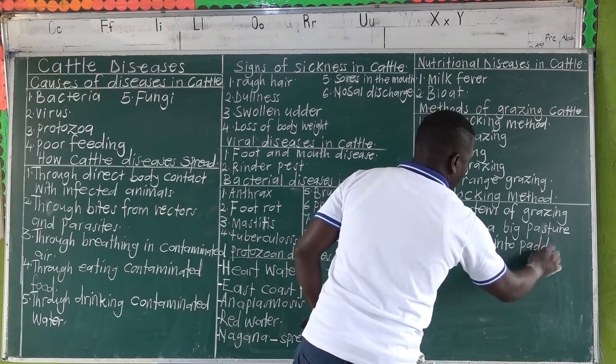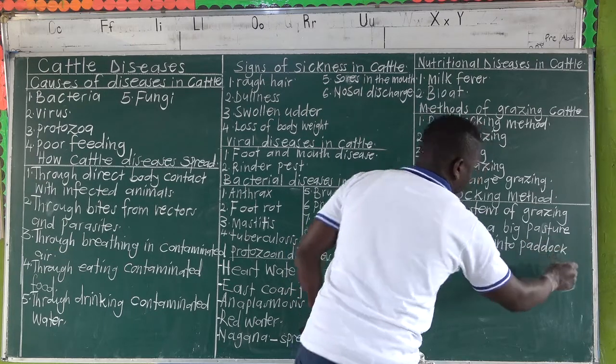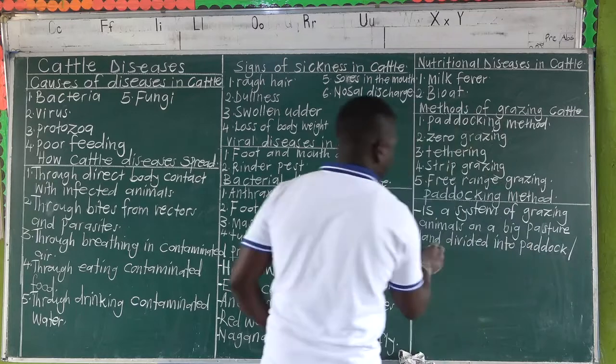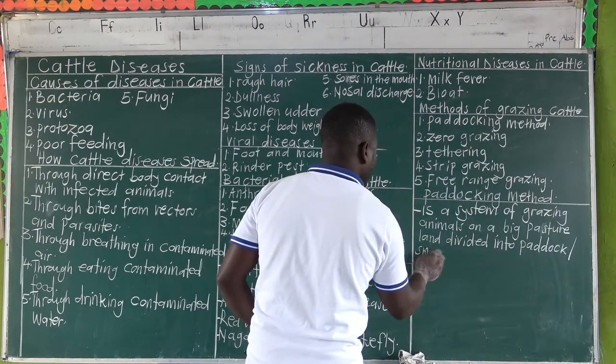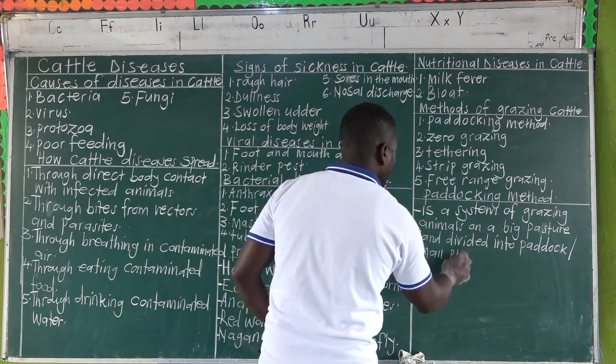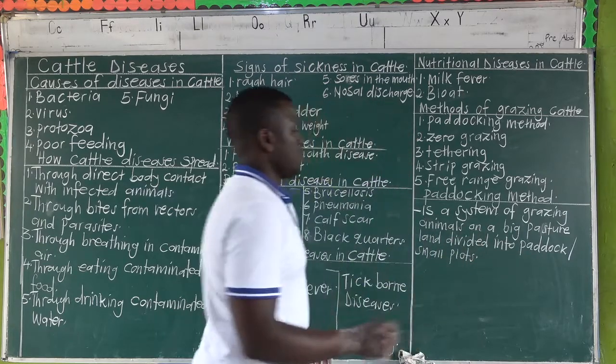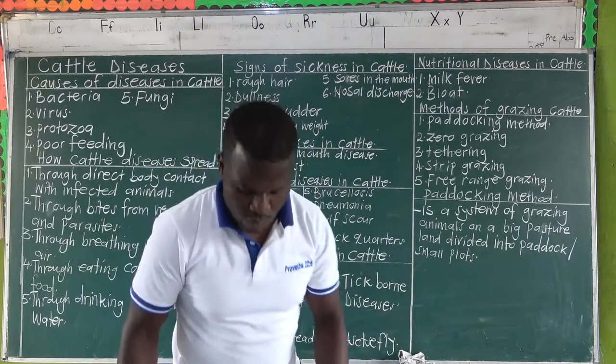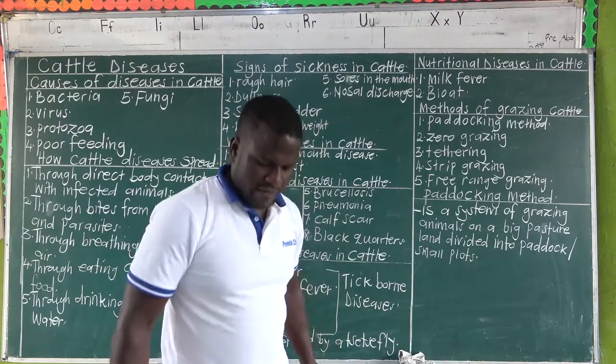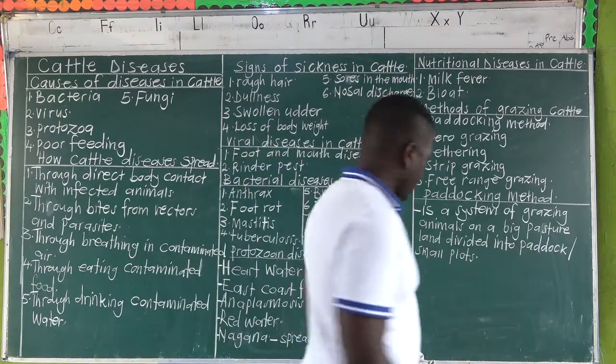So the land is divided into paddocks or small plots of land, and those small plots are what you call paddocks. We look at advantages of paddock grazing.